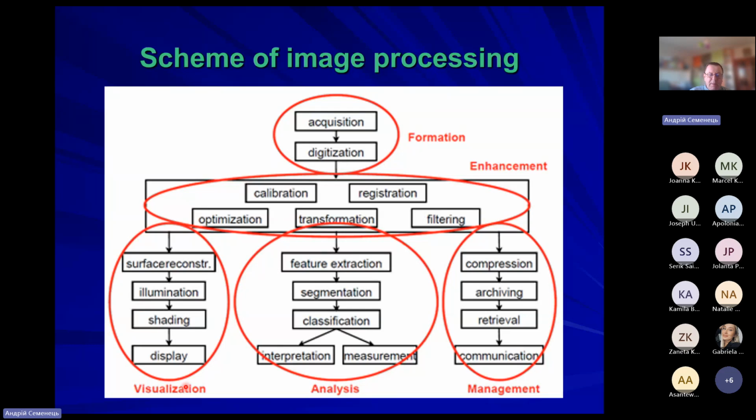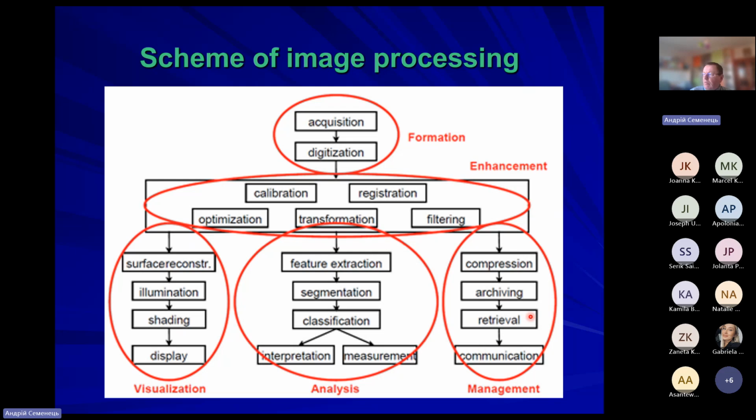But immediately after enhancement, we actually have a ready-to-use medical image, I mean a two-dimensional medical image, of course.